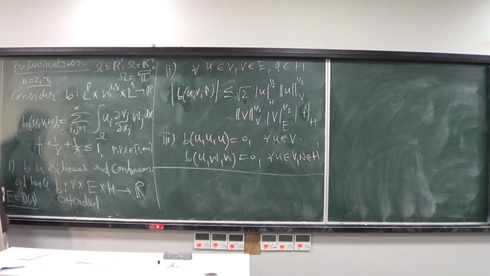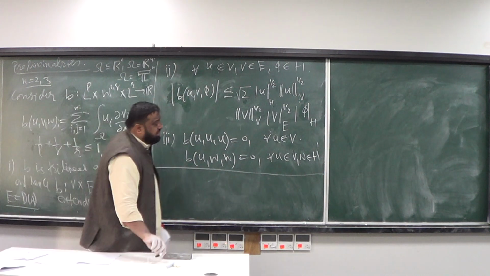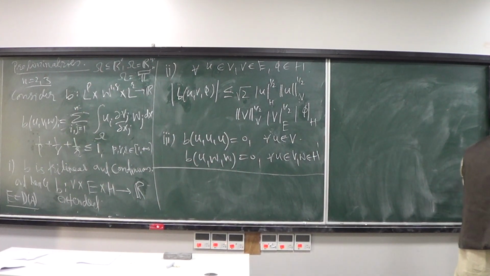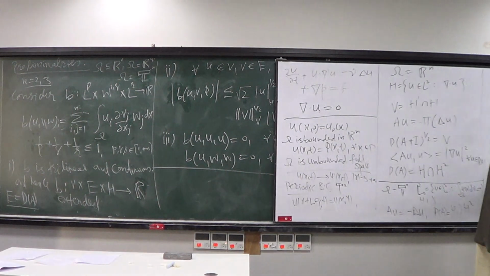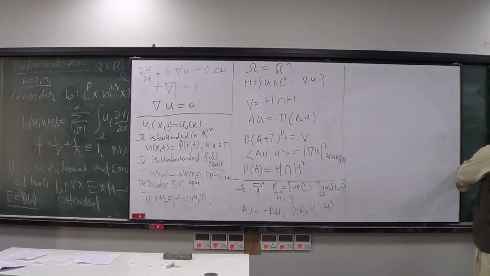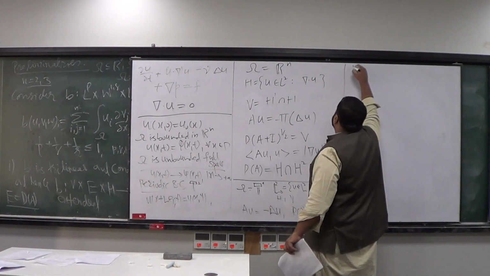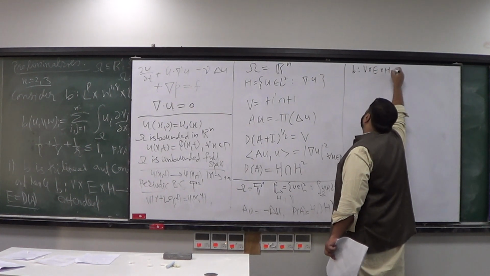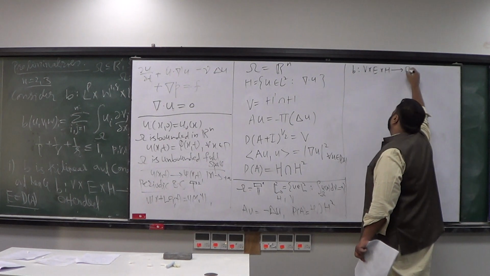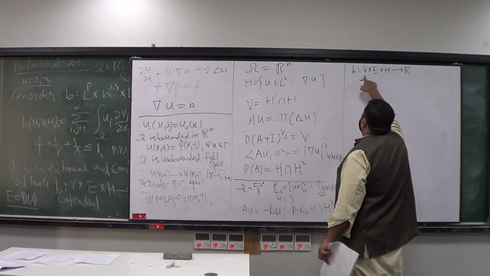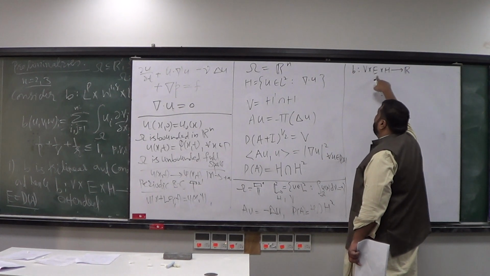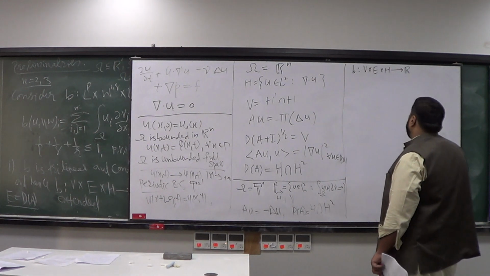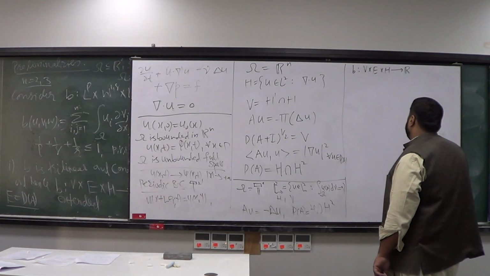Okay. Now I'm going to record some of this information. So for B, what we know is that it's a map from V cross E cross H into R, where V is the domain of A 1/2, E is the domain of A, the Stokes operator, and H is a collection of square integrable divergence free vector fields.